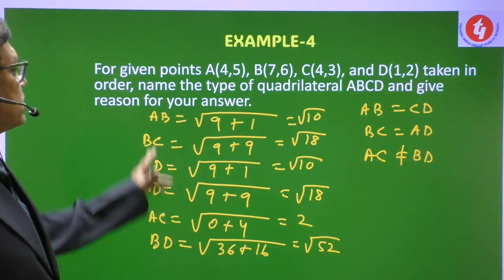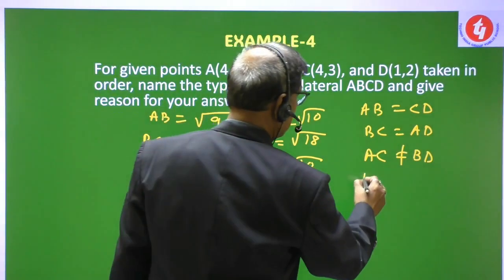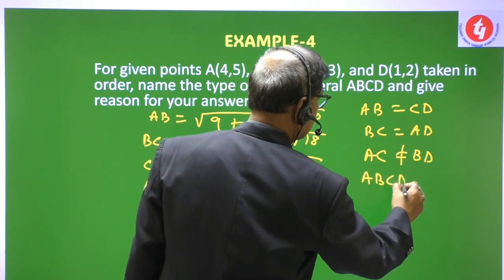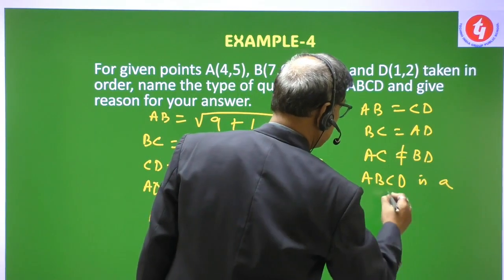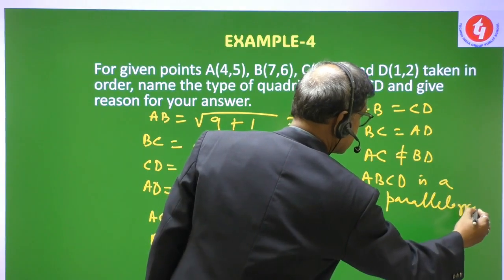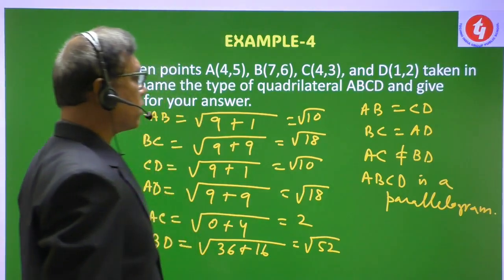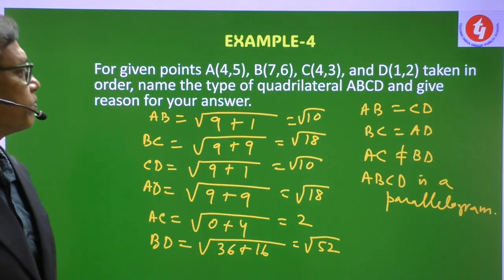This implies the quadrilateral is a parallelogram. So ABCD is a parallelogram. Is it clear?